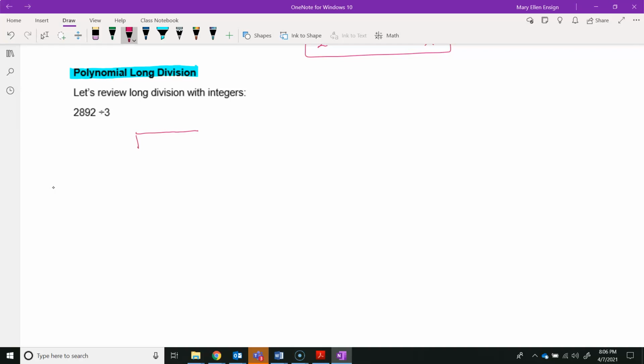So our dividend, the first number, goes under the square root sign, and our divisor, what we're dividing by, goes outside the square root sign. And then the first step is, we can say it's to divide, okay?